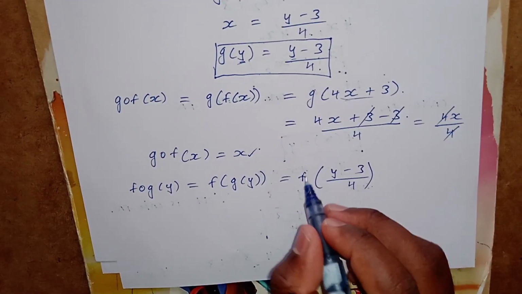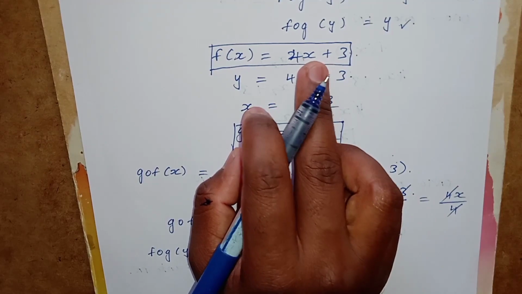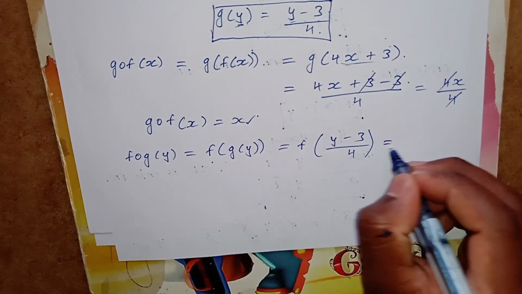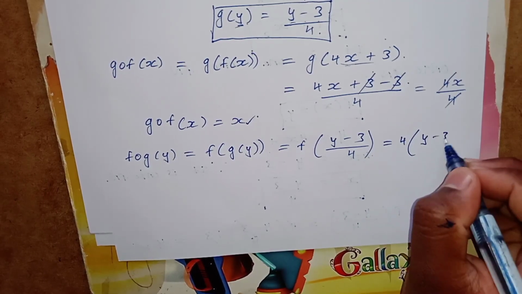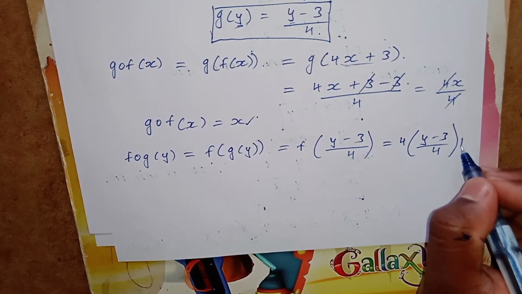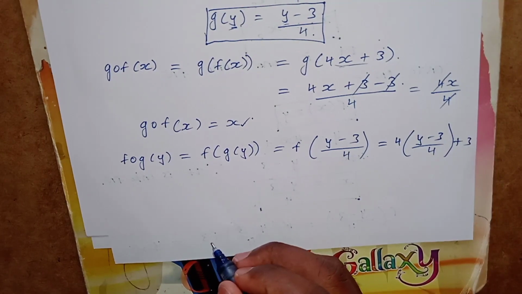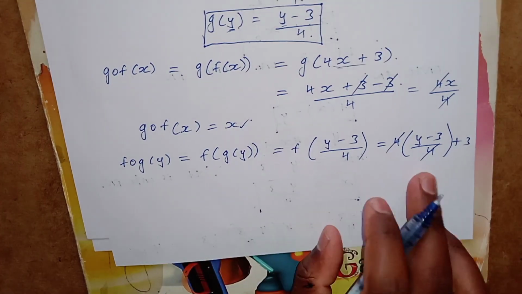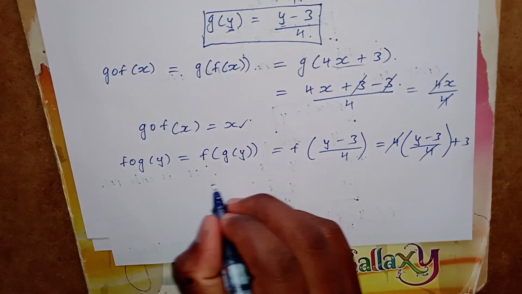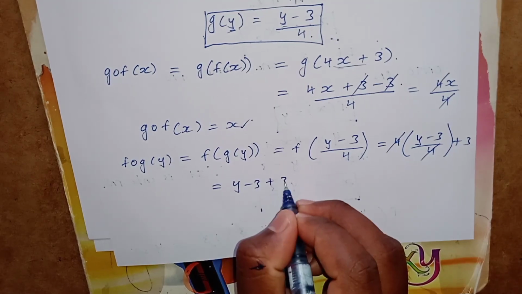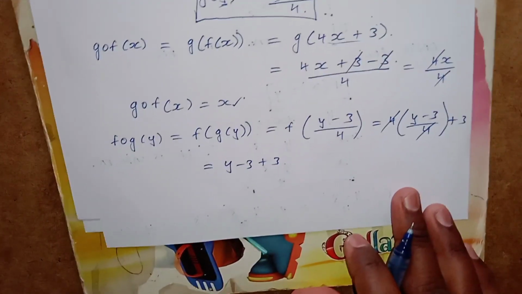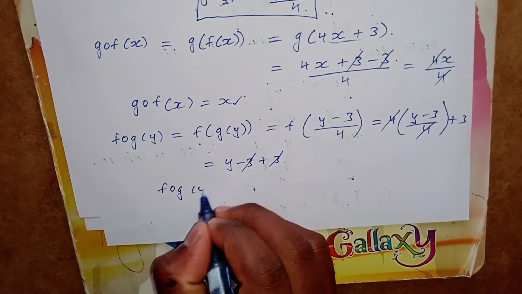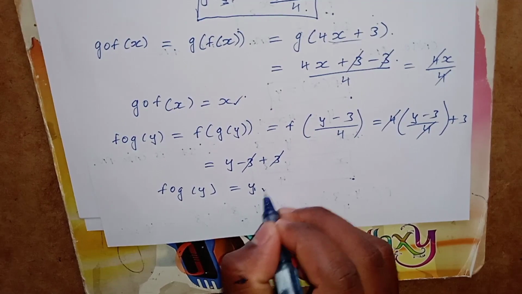In the place of x in f of x, here this is my x: 4 into (y minus 3 divided by 4) plus 3. Here numerator and denominator have the same term 4, therefore they cancel each other. Finally, y minus 3 plus 3, therefore minus 3 plus 3 cancel. f o g of y equals y.